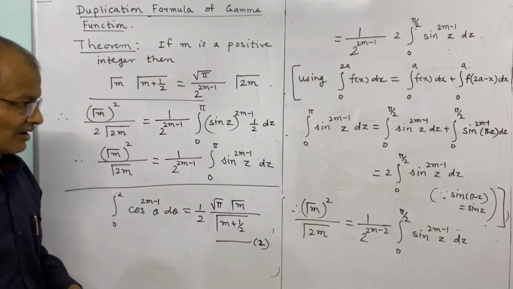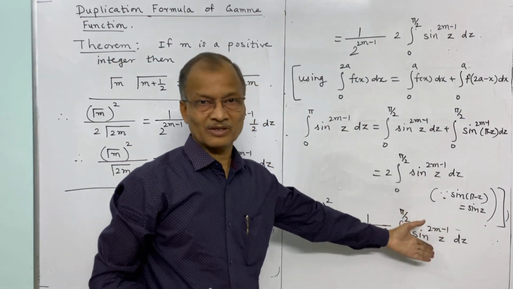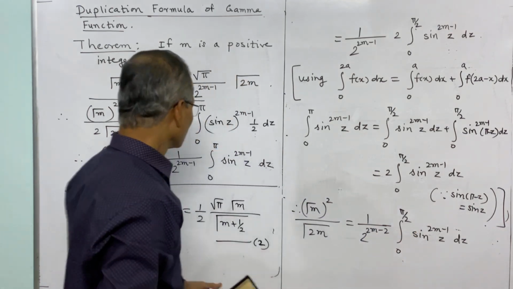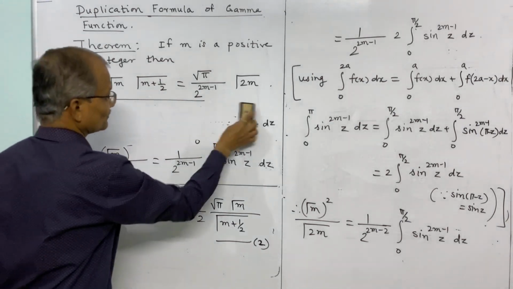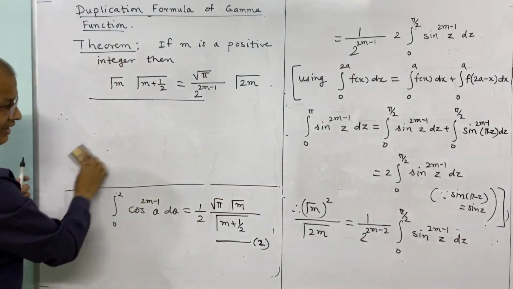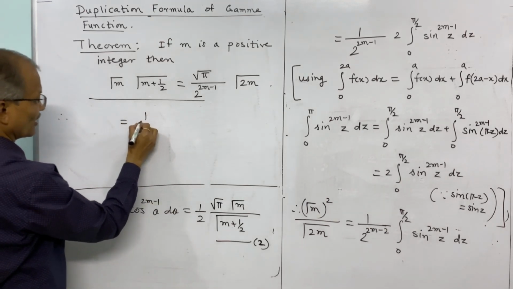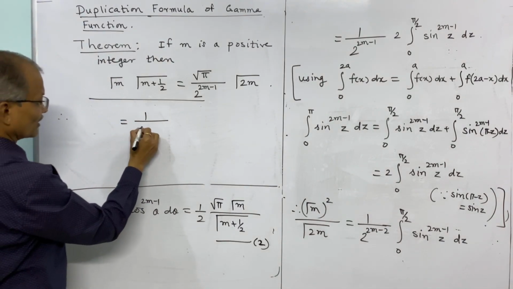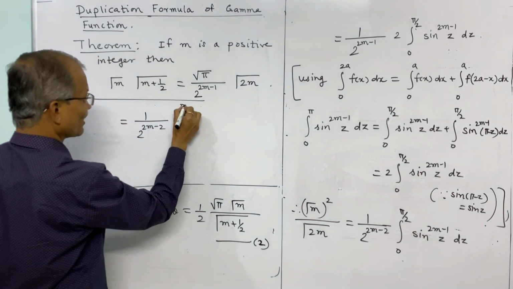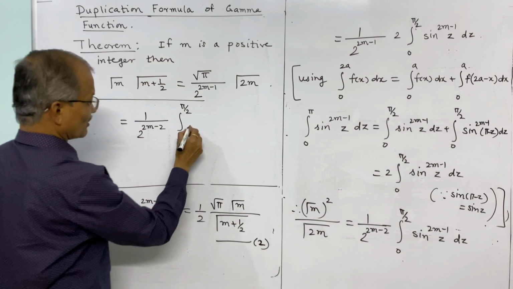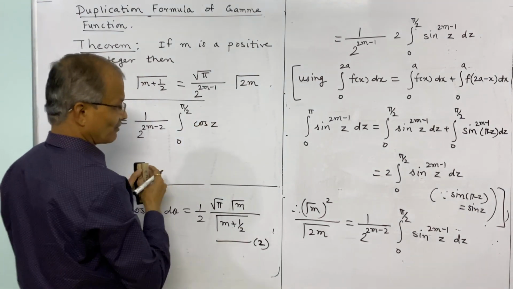So thus we have obtained this, but this integral which is in sine can be written in terms of cos. Why this is so, we will see again. I shall now write that this is equal to 1 upon 2 to the power 2m minus 2, integral 0 to pi by 2, and instead of sine I write cos z to the power 2m minus 1.